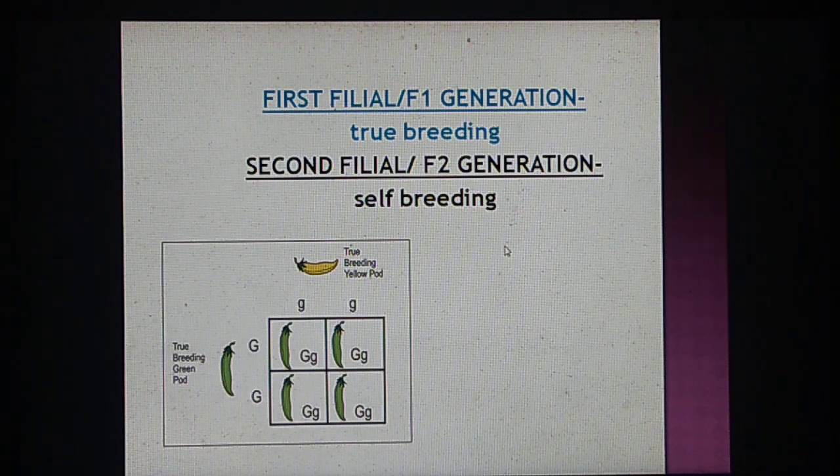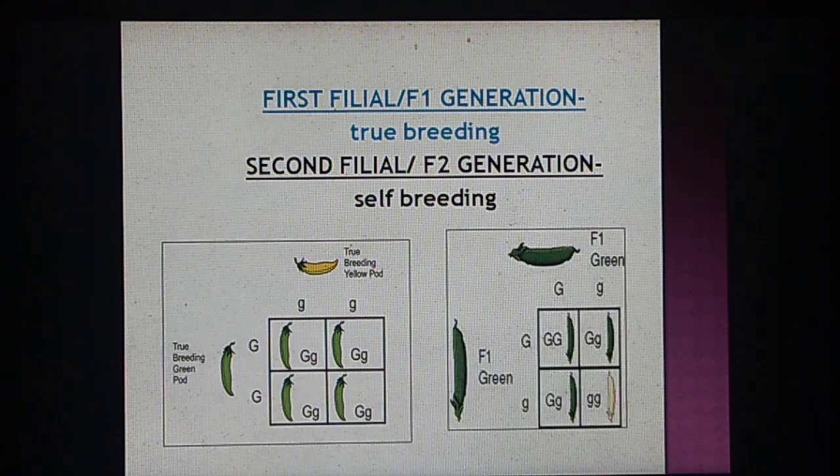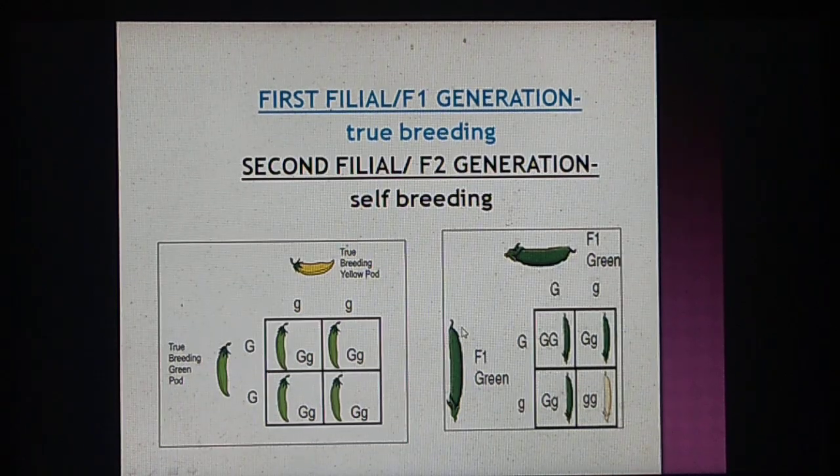Second filial generation, or F2 generation, is obtained by self breeding the parents. For example, from this F1 generation, the hybrid varieties which were obtained are crossed, or selfing is carried out, or self pollination is carried out. So, that is called self breeding.